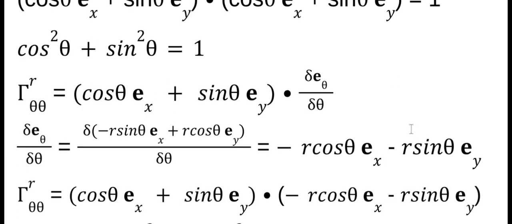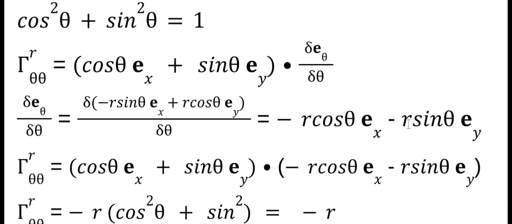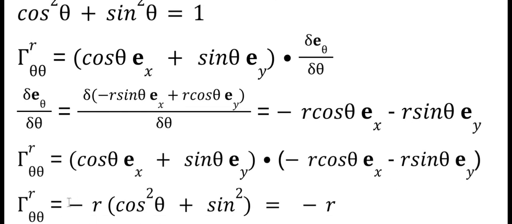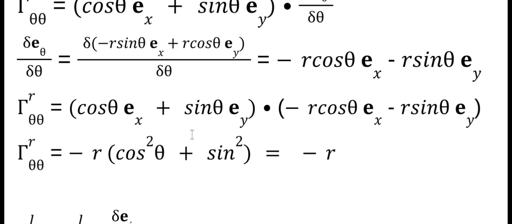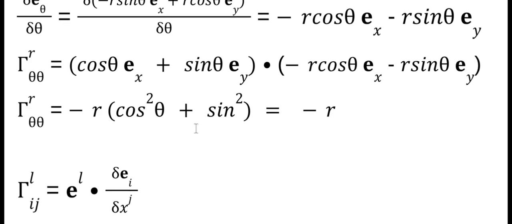And we get this. We multiply those together and factor out a minus r, and we get this identity, which is just 1. So the answer is negative r, okay? So it does work. It's really not that hard to do on these simple systems. If you wanted to do the other one I know is non-zero, which is gamma theta r theta, you just got to find this.